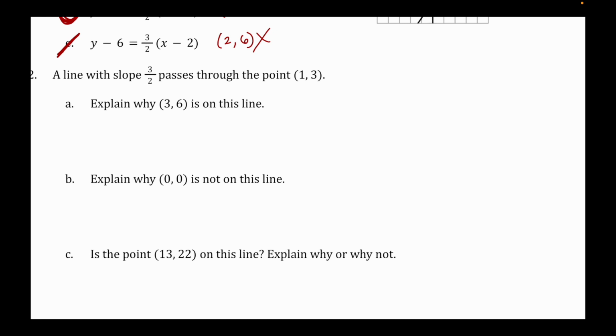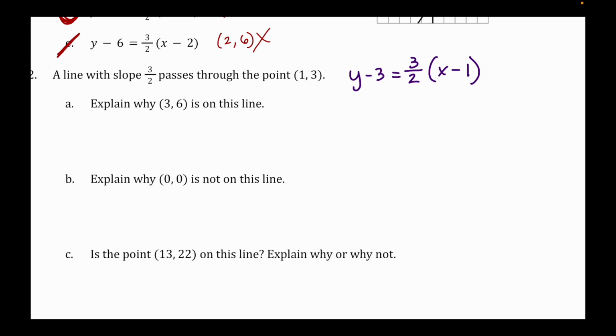So let's write point slope form of this one here. We would say y minus 3 is equal to 3 over 2 times x minus 1. And this is the equation we would use in point slope form. Now, in order to check, we can plug in these values and see that they make it true.